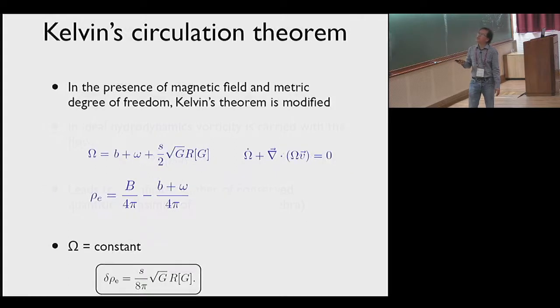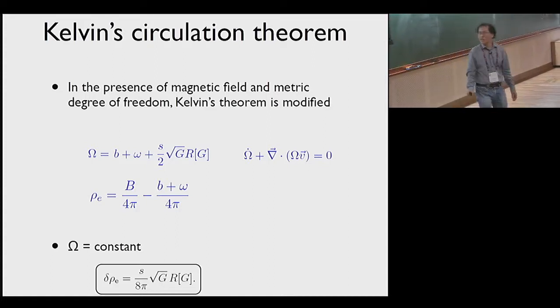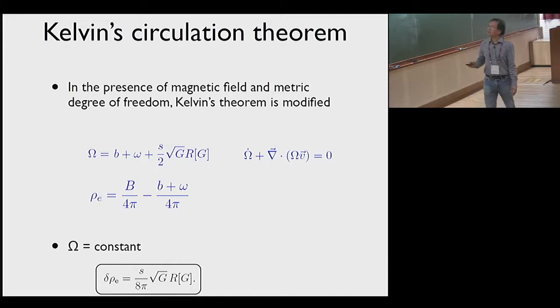Now, in the theory that I have presented to you, there is an extra degree of freedom, and it turns out that this Kelvin circulation theorem can be modified. There exists a generalization in which what is conserved is not the vorticity, but basically the magnetic field plus vorticity plus the Gaussian curvature constructed from this metric.